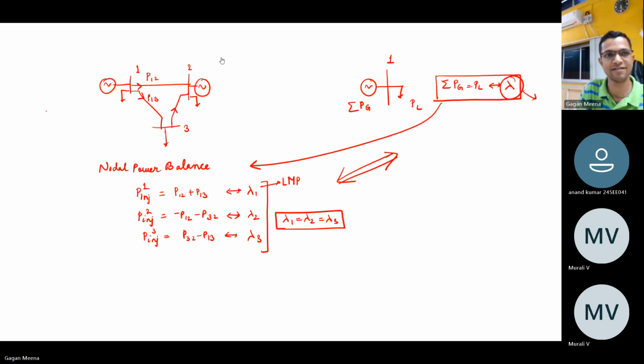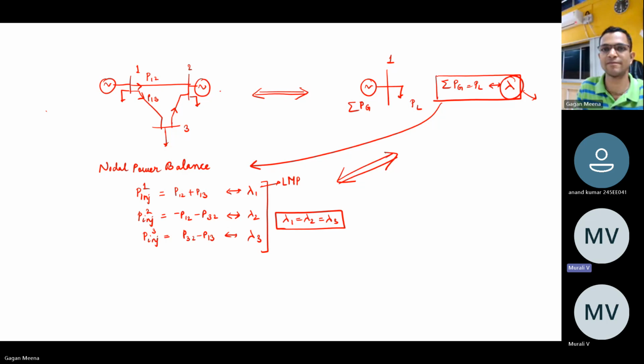Anand, do you recall? What is the similarity between these two problems? Are these two problems same?